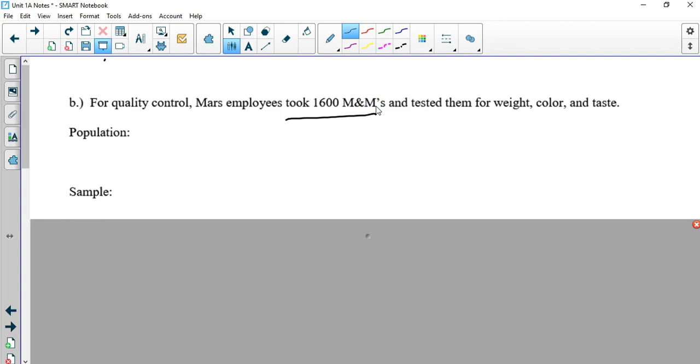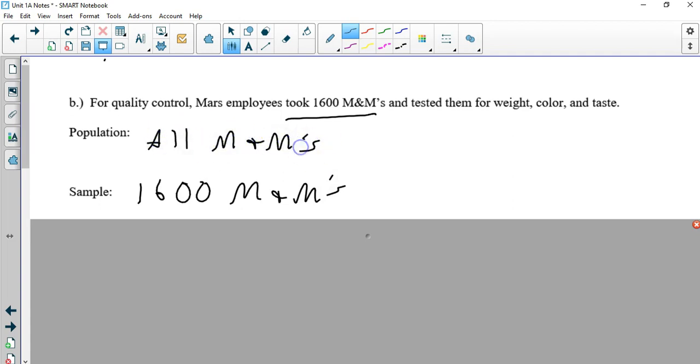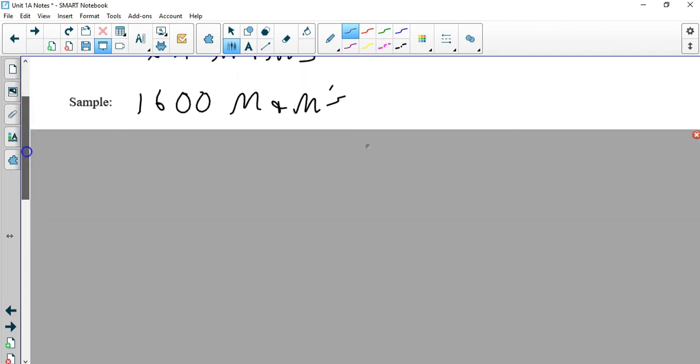That's the sample: 1,600 M&Ms. What's the population? All the M&Ms. Okay? And only 1,600 were tested for weight, color, and taste. So what was actually taken and evaluated is a sample. The population is the entire amount.